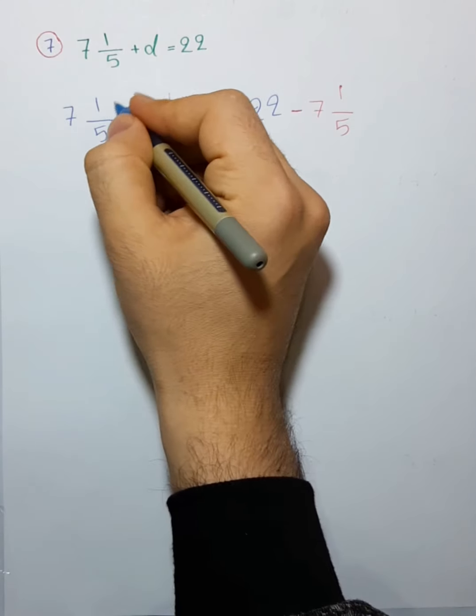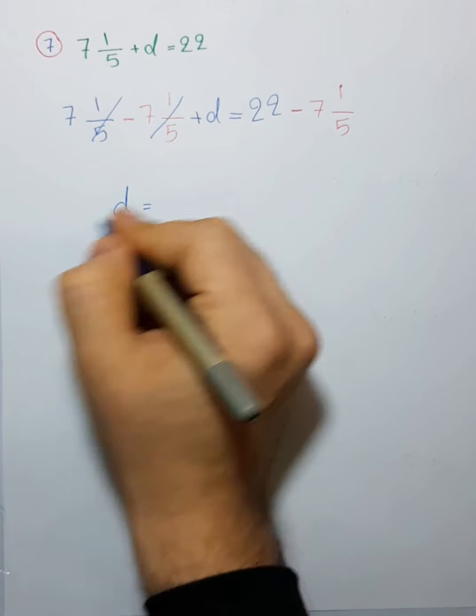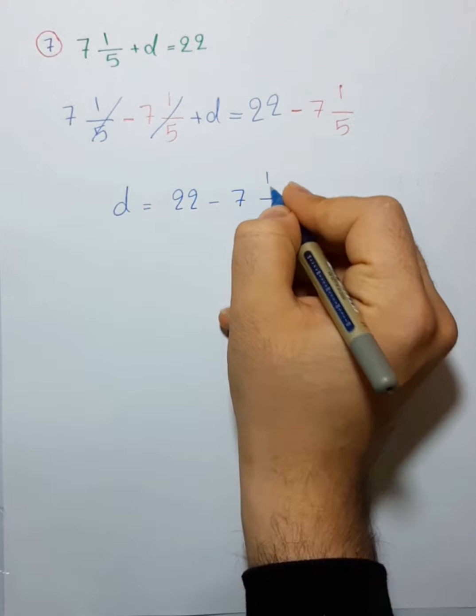Now these two mixed numbers equal to 0. We have only d equal to 22 minus 7 and 1 out of 5.